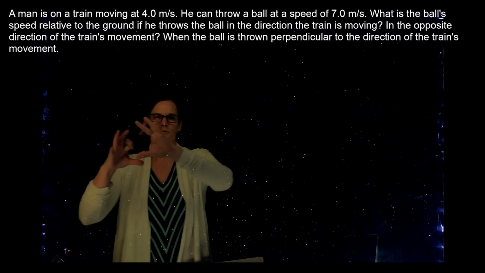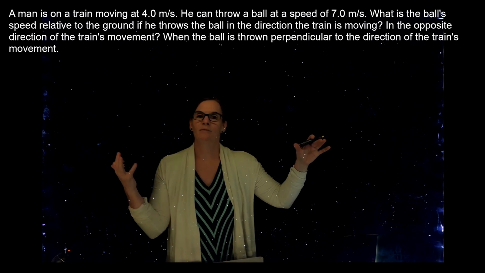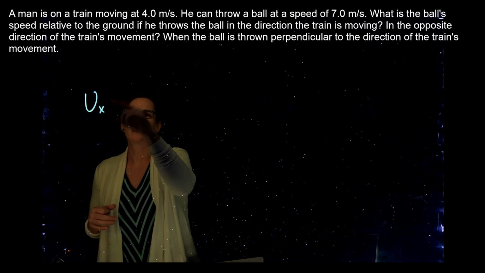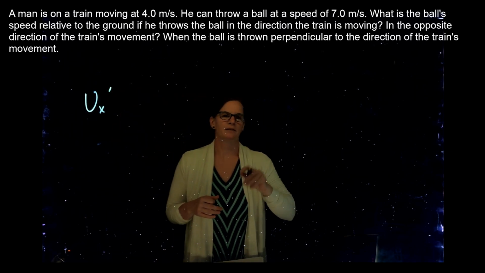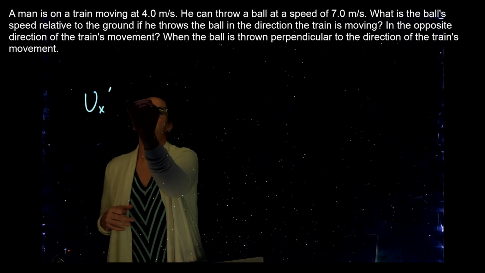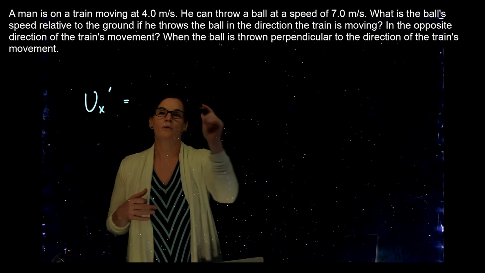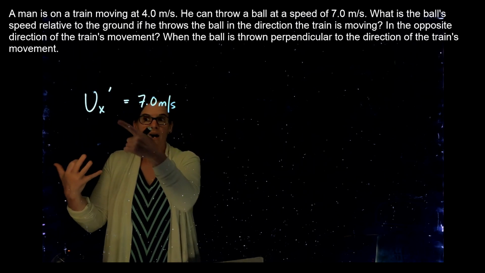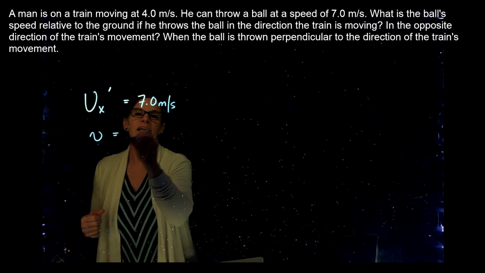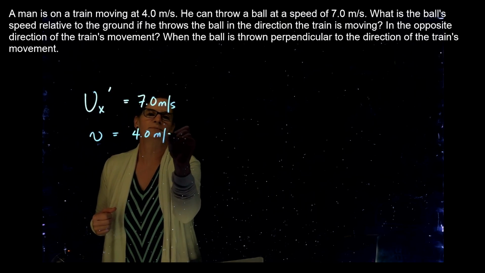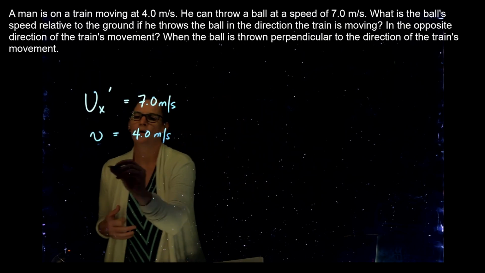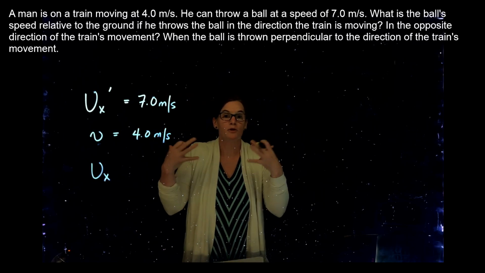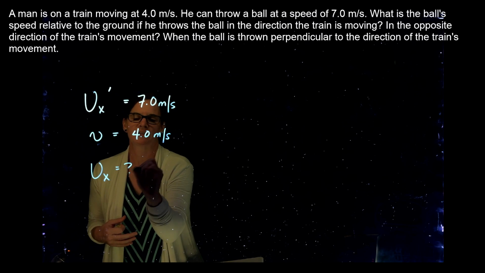So if we're going to think about this as moving on a horizontal axis, the speed that he can throw that ball is 7 meters per second. The speed of the reference frame is 4 meters per second. Okay? And if we want to know what is the observed speed, we'll just call that u sub x for the observed reference frame. That's what we're interested in knowing.